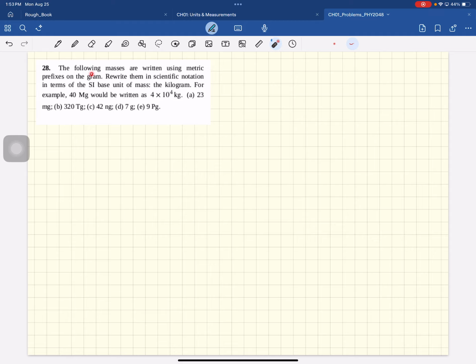Okay, so the following masses are written using metric prefixes on the gram. Rewrite them in scientific notation in terms of the SI base unit of mass, the kilogram. So we want to write this in terms of kilograms.